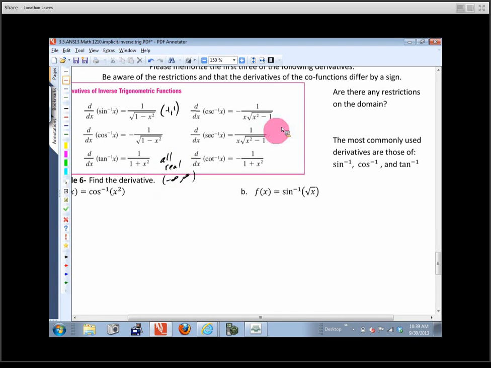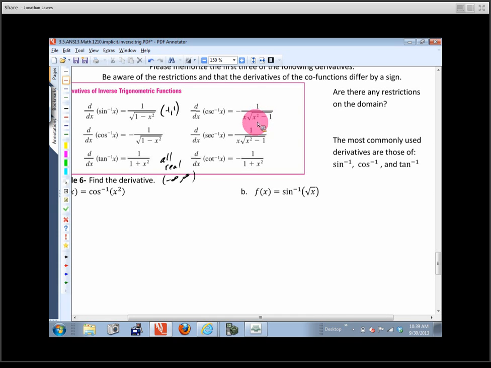Domain restrictions here? This one's a little interesting. You've got division and you've got even roots, so you've got to be pretty darn careful about what you plug in here. We can't plug in a 0, right? We also need to make sure that we're taking the square root of a positive number.